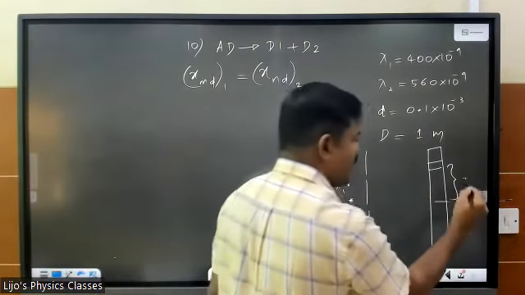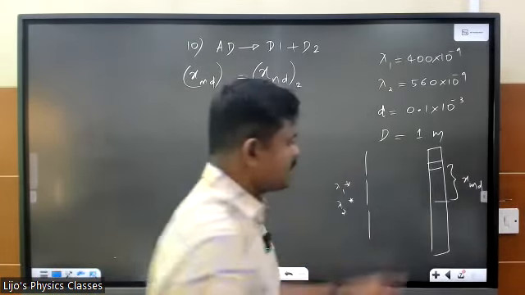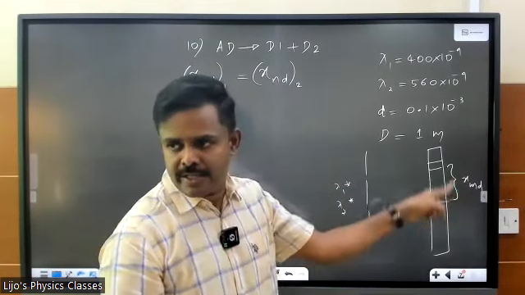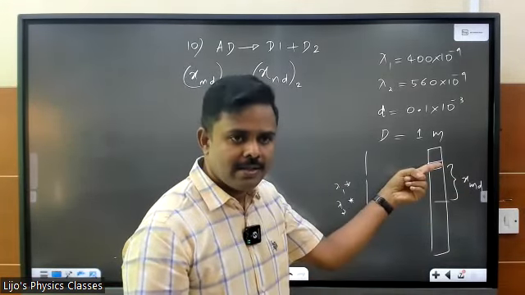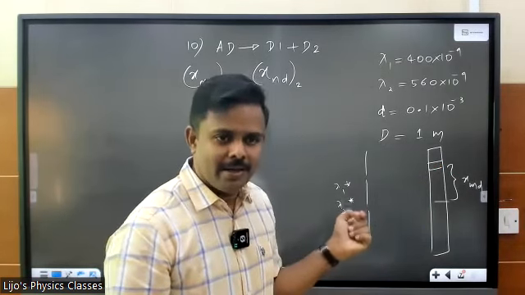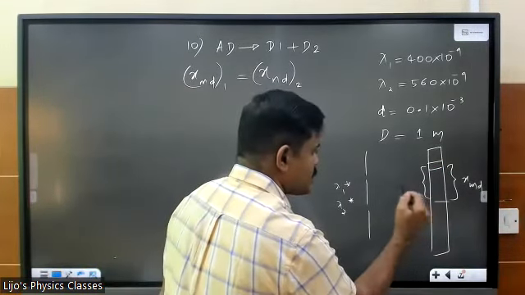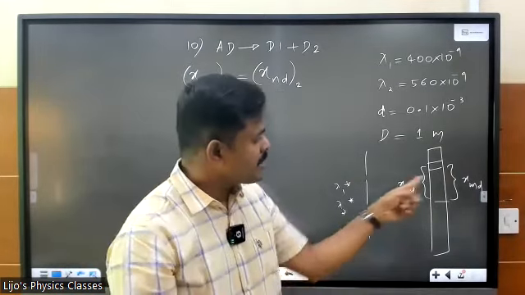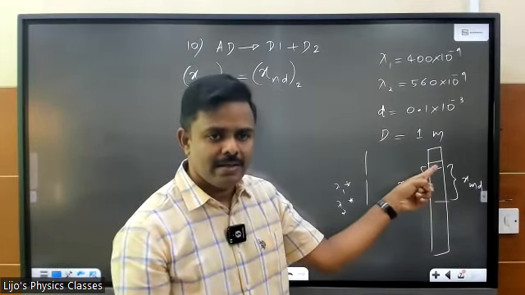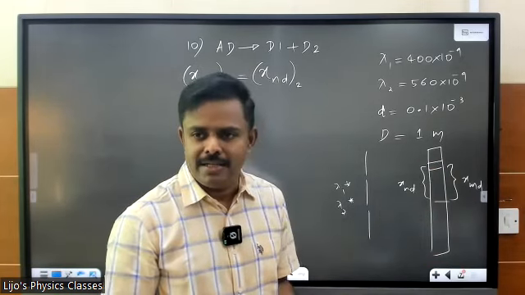Imagine this is the distance from the center to the mth dark band, some number. All right. So this is the distance to the nth dark band of second light. If they are the same, that means they are overlapping, right? Correct. They are merging, right?